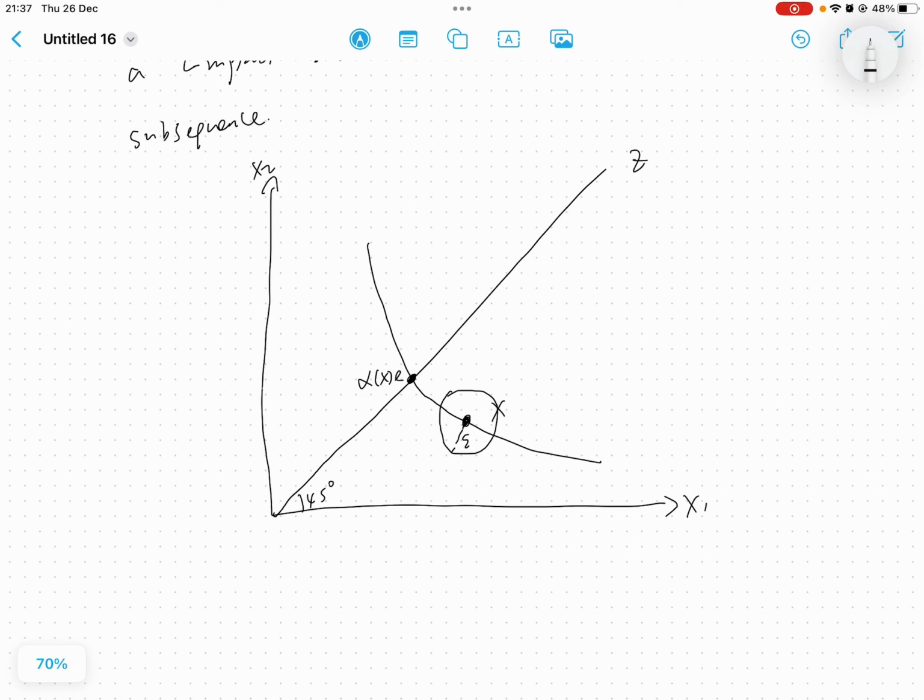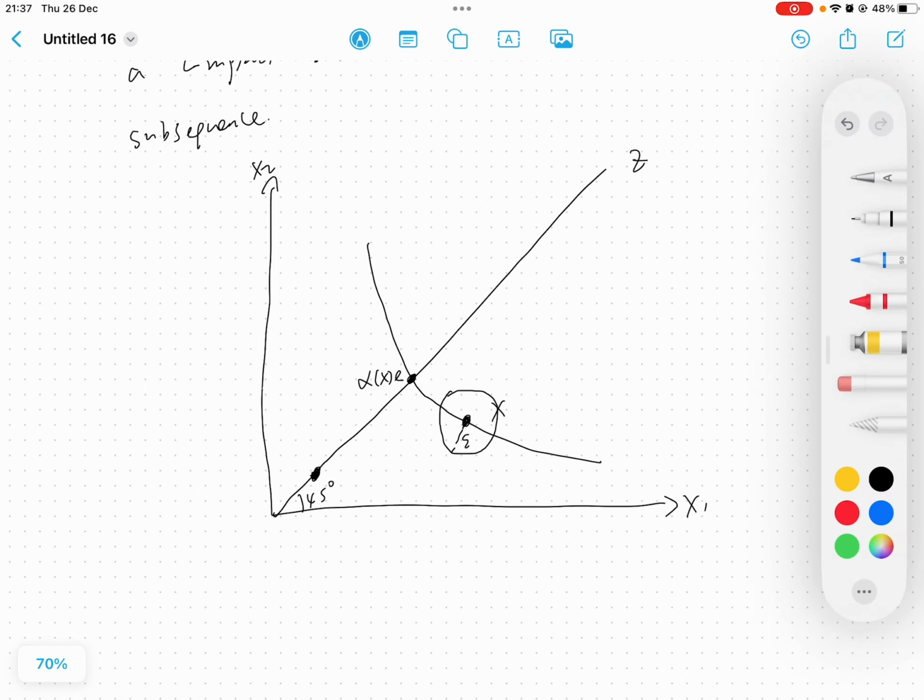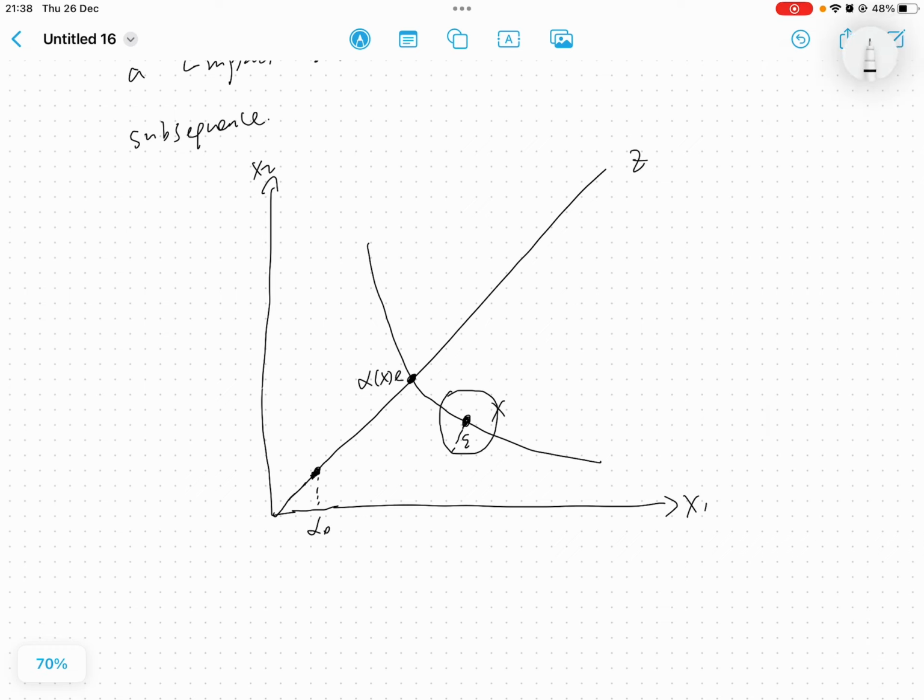let's say this alpha 0 is somewhere here. Okay. Maybe we know that this is 45 degrees, so we don't need that. Okay, so let's suppose this is alpha 0 right here. Okay, and suppose alpha 1 is some point here.